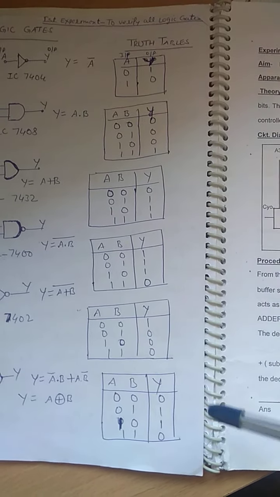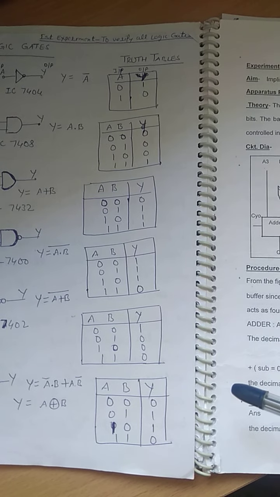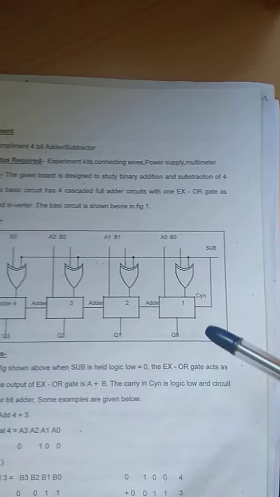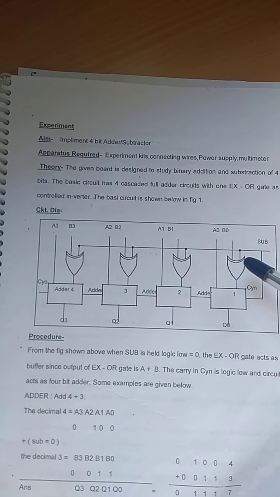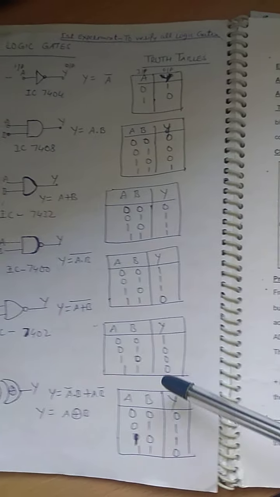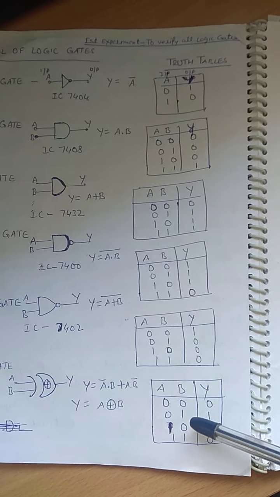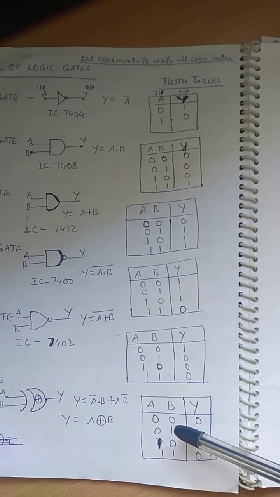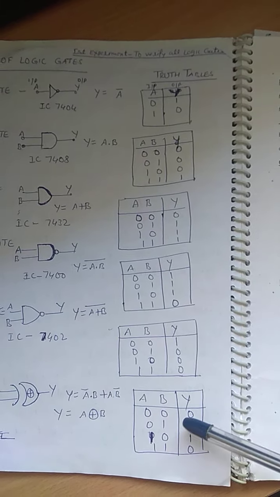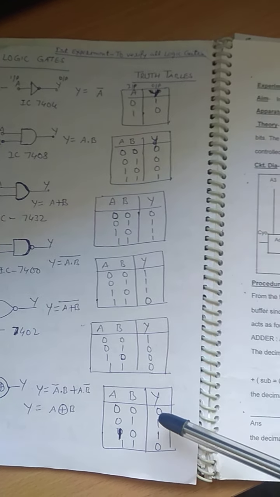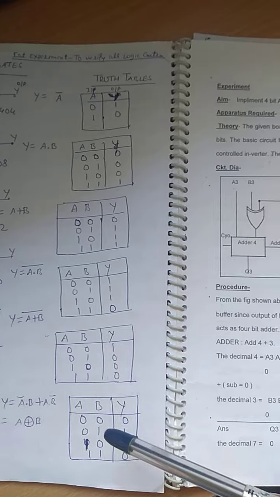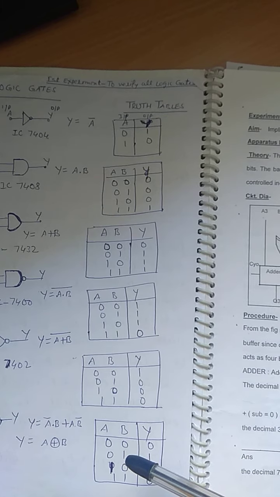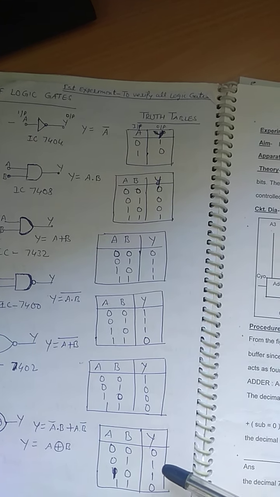Here it is. When one of the inputs of your XOR gate is kept at 0, the output is nothing but B, as B appears as it is at the output. You can see A is 0, B is 0, Y is 0. A is 0, B is 1 and Y is 1.